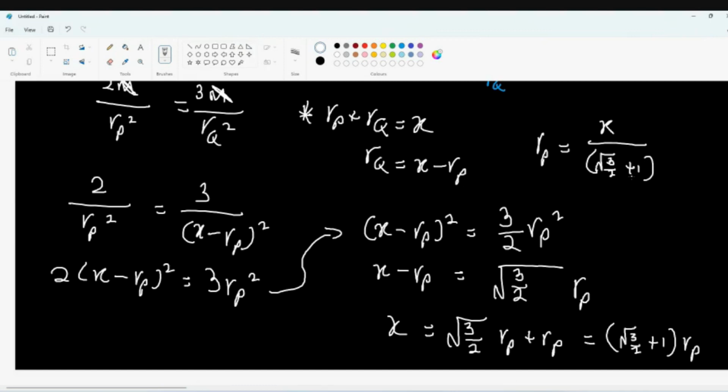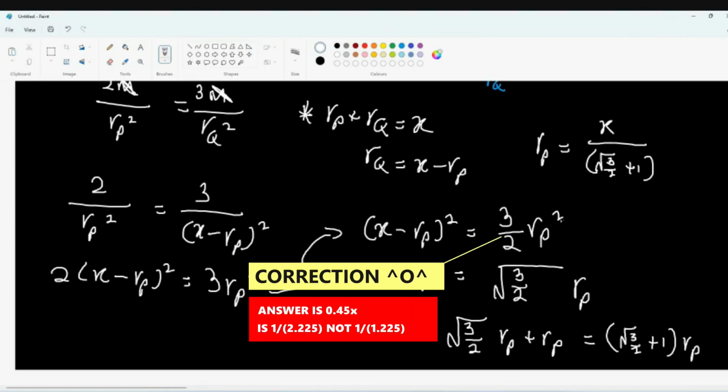So 1 over 1.225. So the answer is 0.816X. Right.